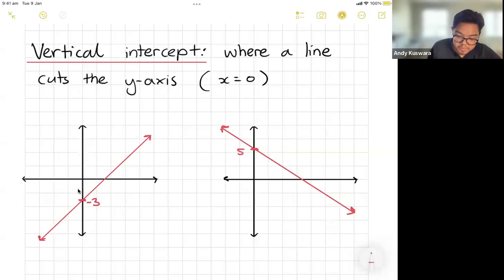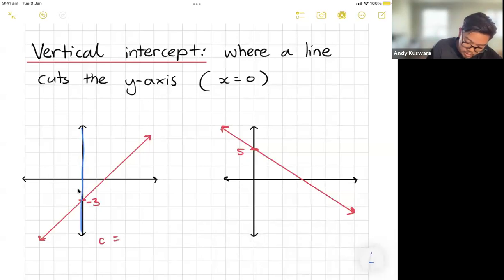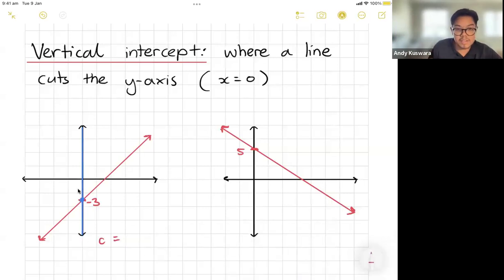I know it's not to scale, but your y-intercept is exactly where your line cuts the y-axis. We call the y-intercept the letter C, and whatever that number is becomes your y-intercept. So here our y-intercept is +5, whereas over here our y-intercept is -3.